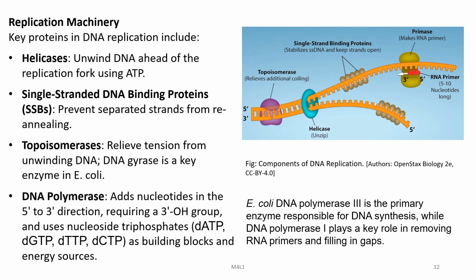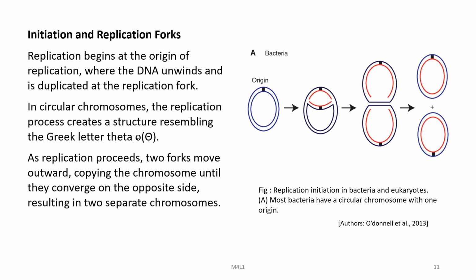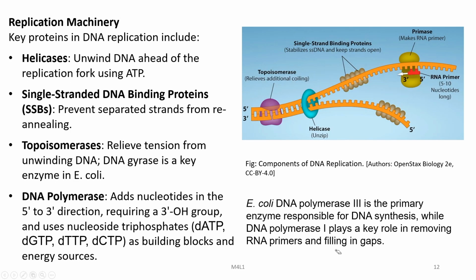What are the components of the replication machinery which help in converting a single chromosome or DNA molecule into two DNA molecules or two chromosomes? So, some of the key components are proteins like helicases.